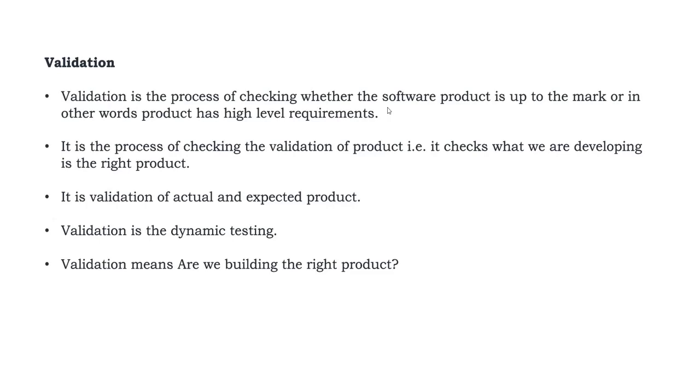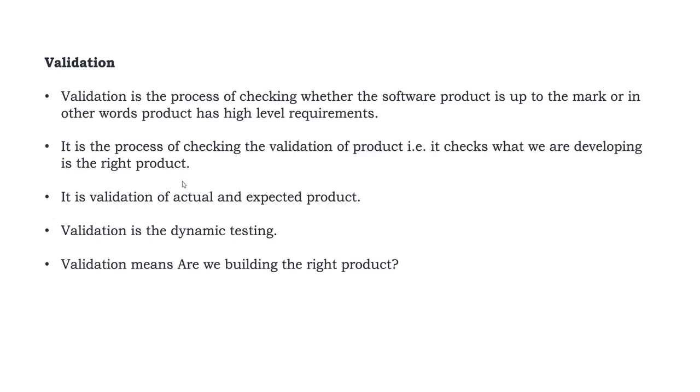Whatever the expectation, are we meeting that expectation? That is what we check in validation. It checks whether what we are developing is the right product, whether it is correct or not.